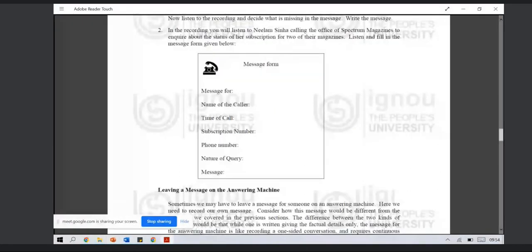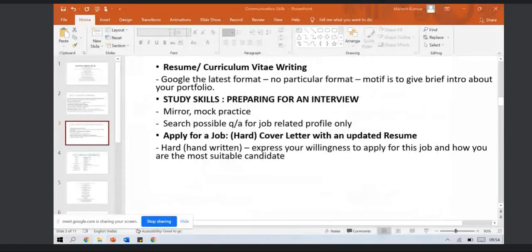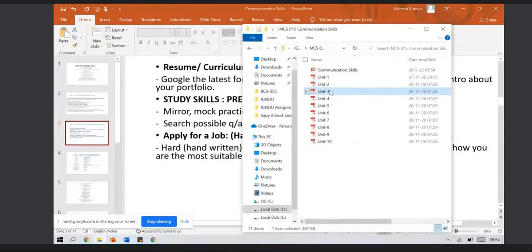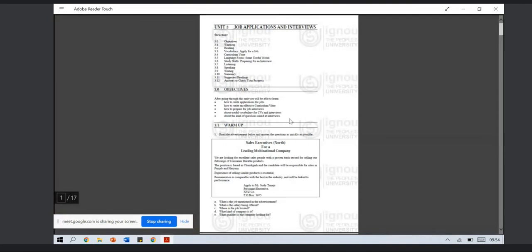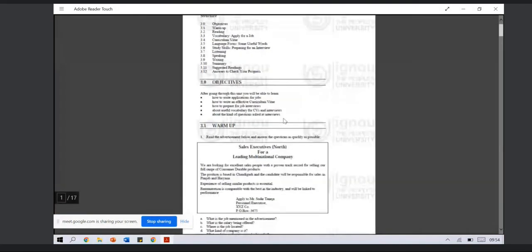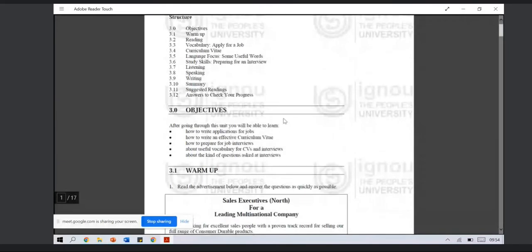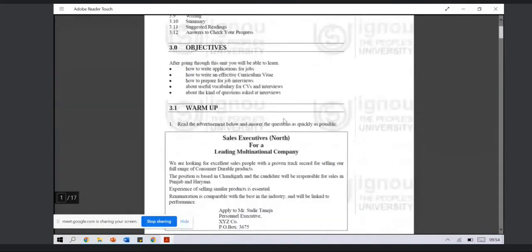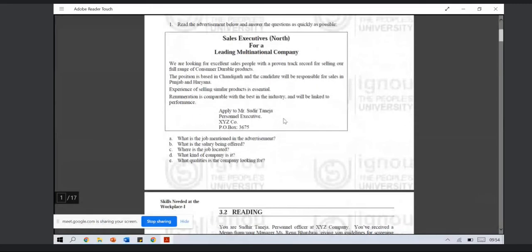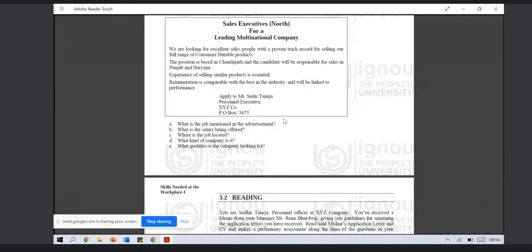Job application. This is more specific on how you can apply for any job. The application process: first of all, you see lots of vacancies through different means of communication. That means you can see a vacancy announcement in a newspaper or on an online portal like Naukri.com or Monster.com.